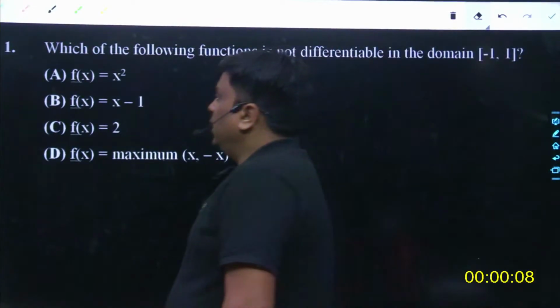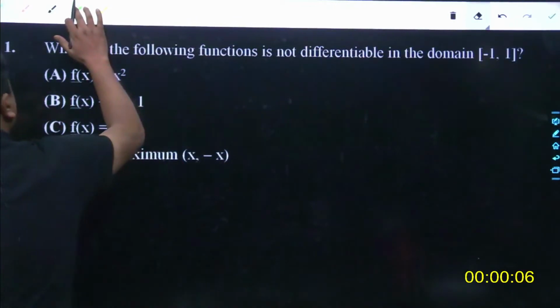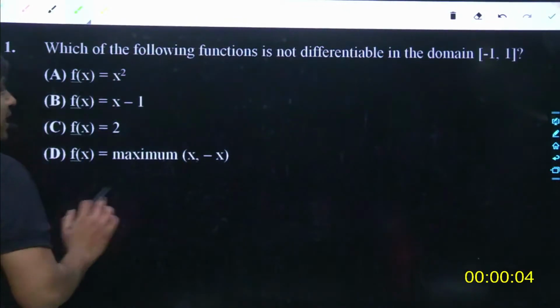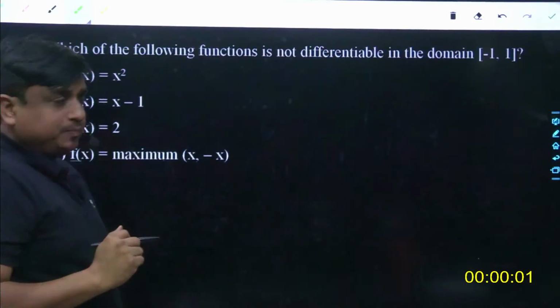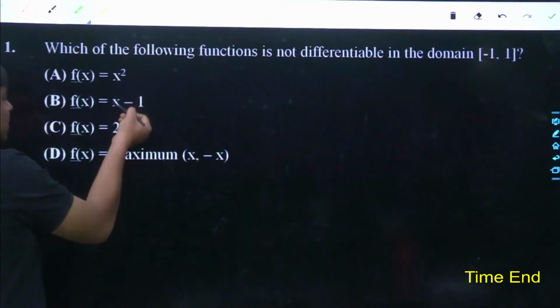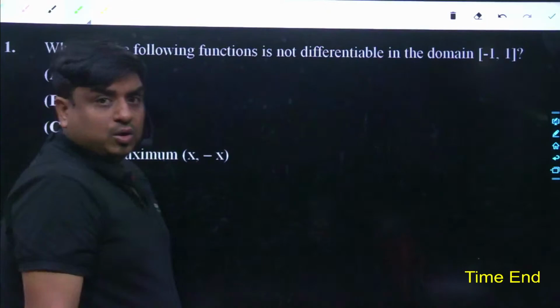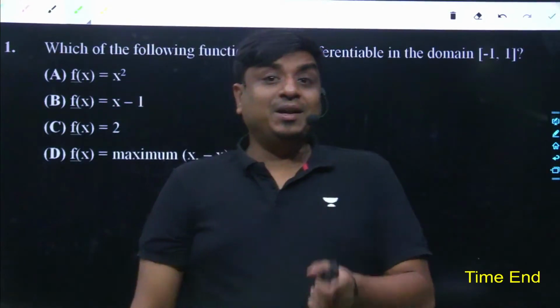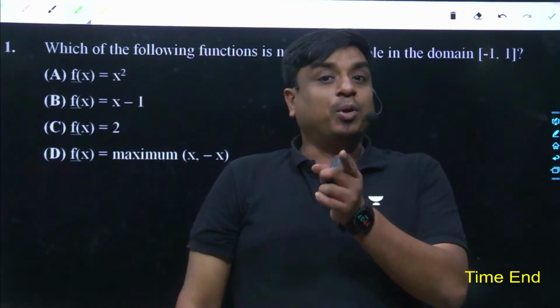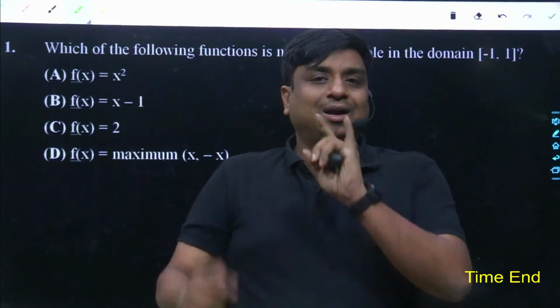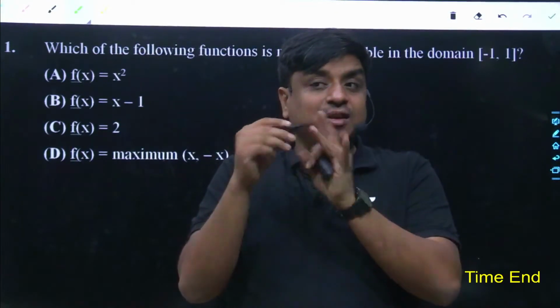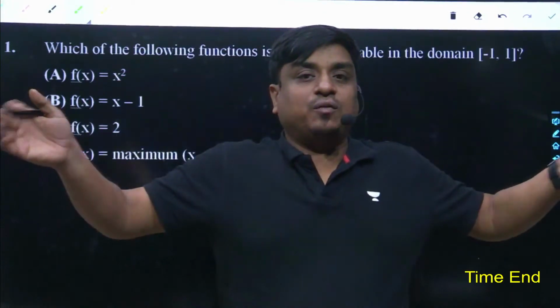Anyway, let me come back to this problem. My dear friends, four different varieties of functions are given as options. The first 3 functions are perfect polynomials, and a polynomial is always continuous as well as differentiable over the entire range of x.